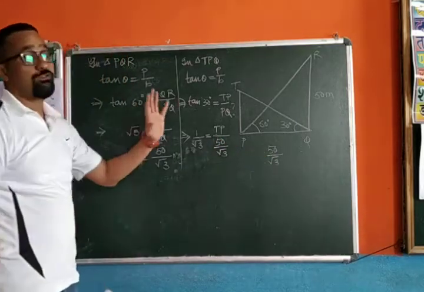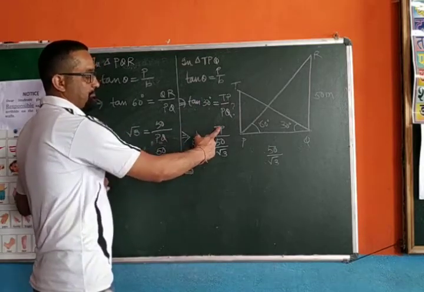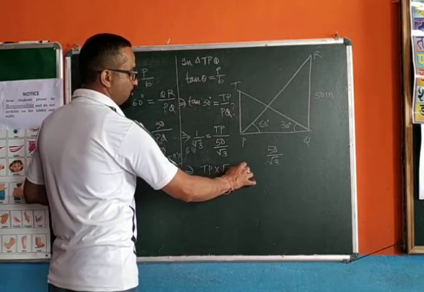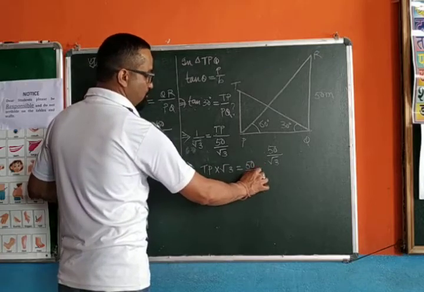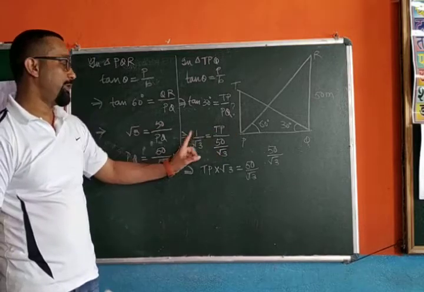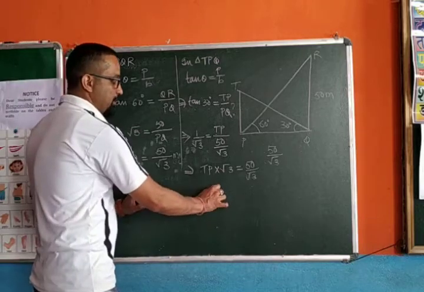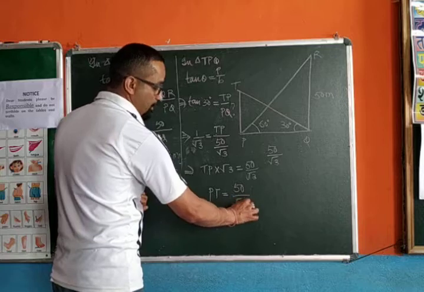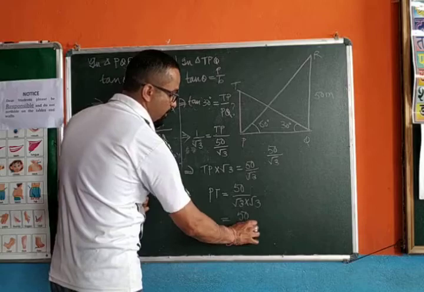Now you have to simplify this. So you cross multiply. TP multiplied by root 3 is equal to 50 divided by root 3. Numerator multiplies with denominator, denominator multiplies with numerator. Make TP the subject of the formula. 50 divided by root 3 into root 3 can be written as 50 divided by 3.